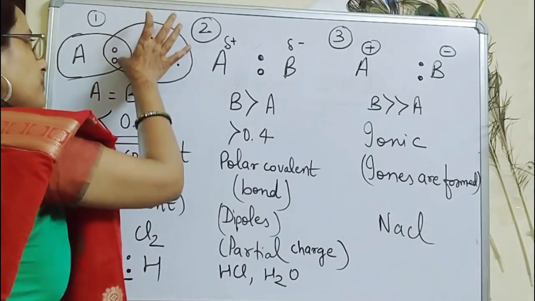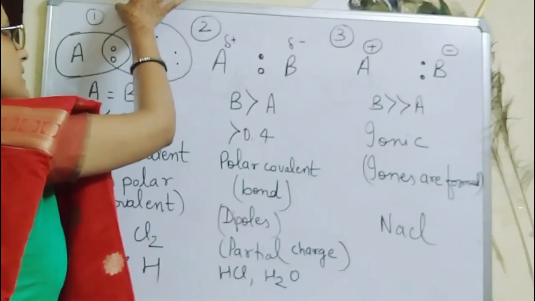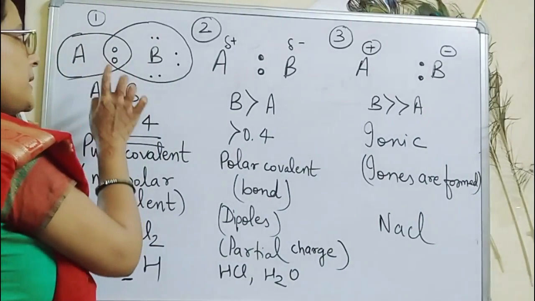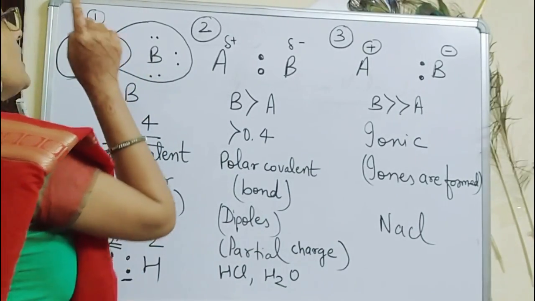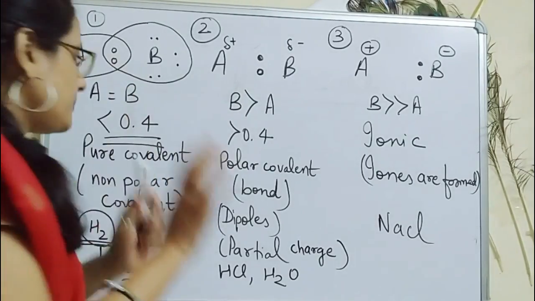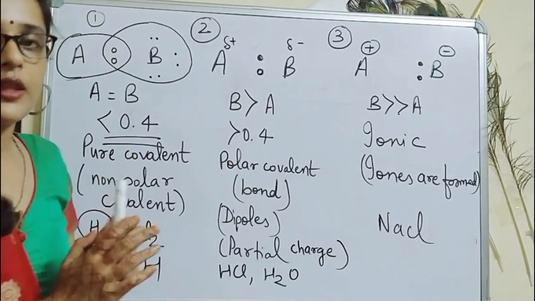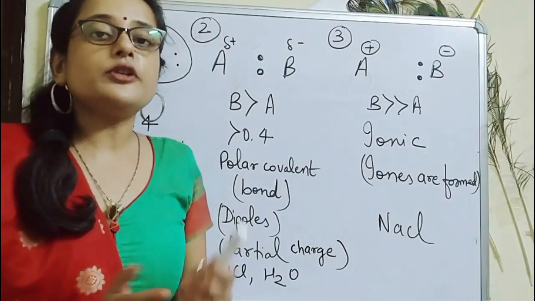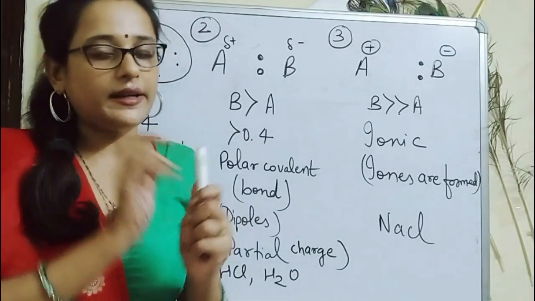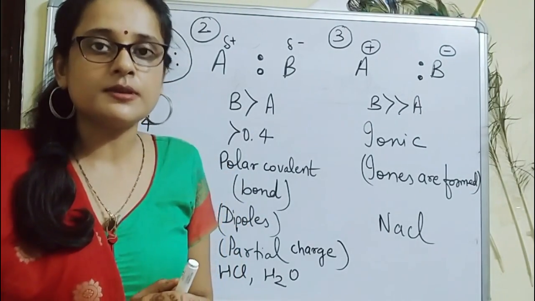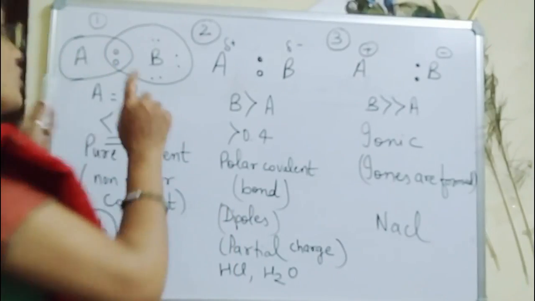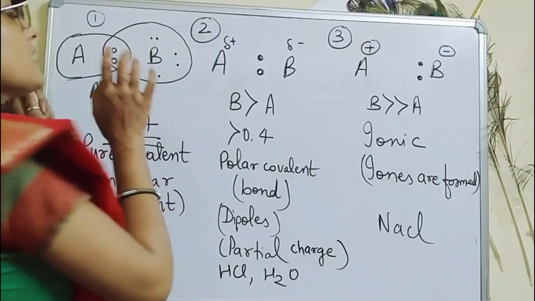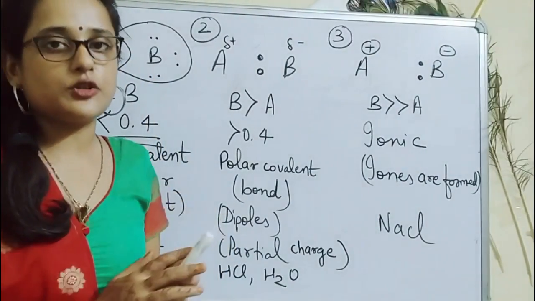So this shared electron will be present in the middle of A and B, as a result of which the bond which will be formed will be called a pure covalent bond. So a covalent bond is formed due to sharing of electrons between two atoms, and that too, those two atoms will have the same values of electronegativity.